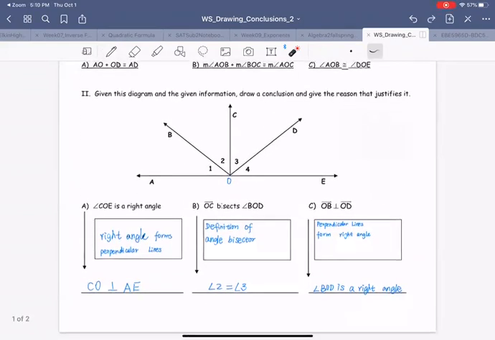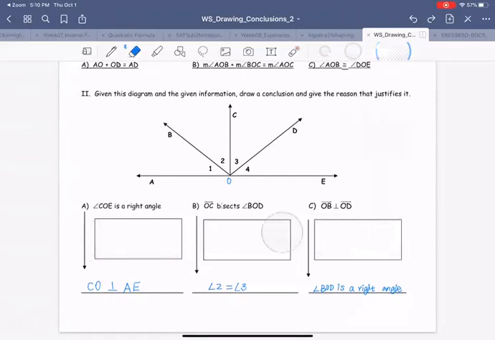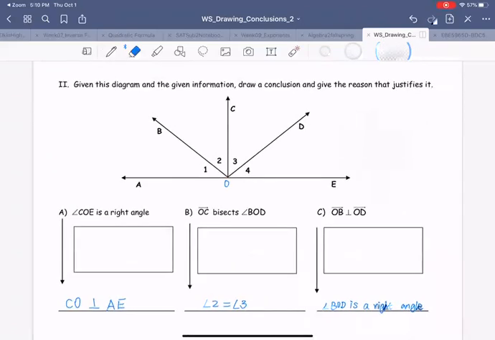Now I need to make sure you remember this, otherwise you will have trouble for this part. Let's go, A, B, C. COE is a right angle, and since CO is perpendicular to AE, that means it is the perpendicular definition.